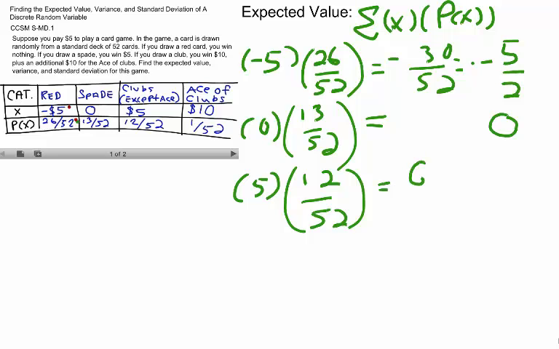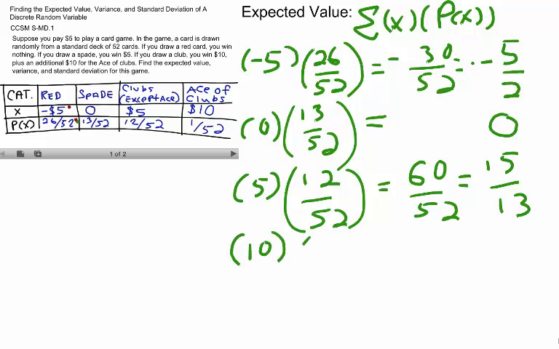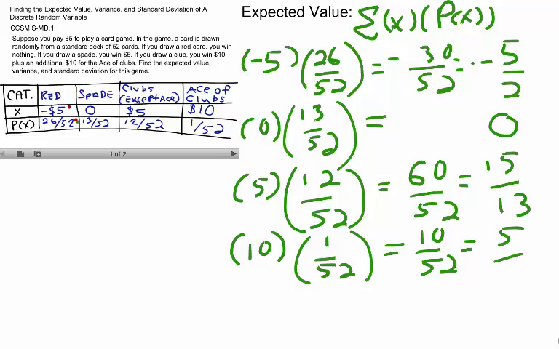This gives us 60/52, which reduces to 15 over 13. And lastly, we have 10 times 1 over 52, which gives us 10 over 52, and reduces to 5 over 26.